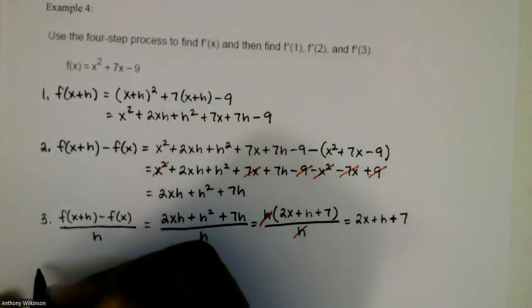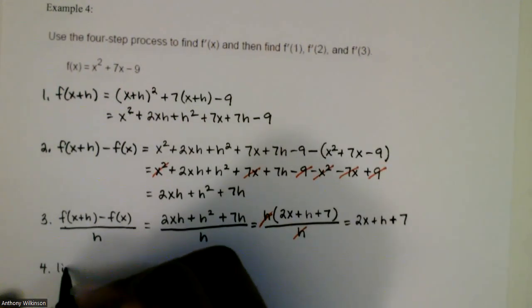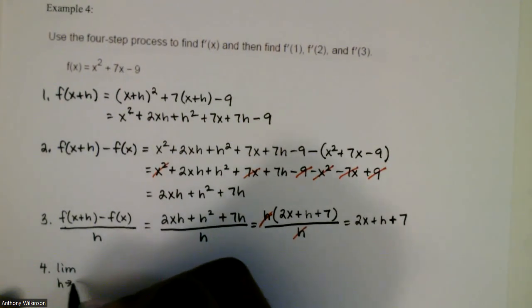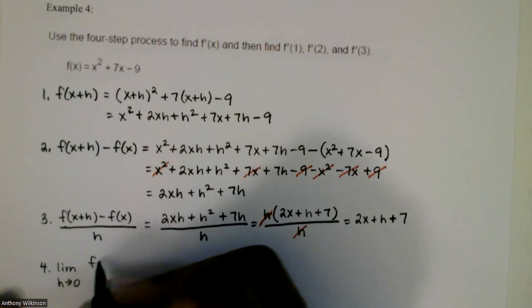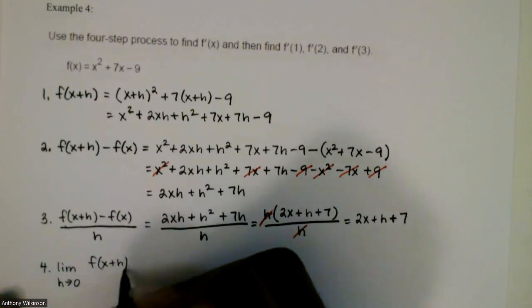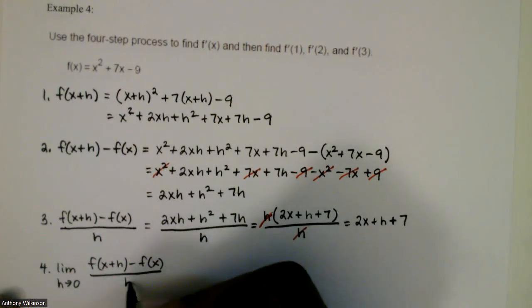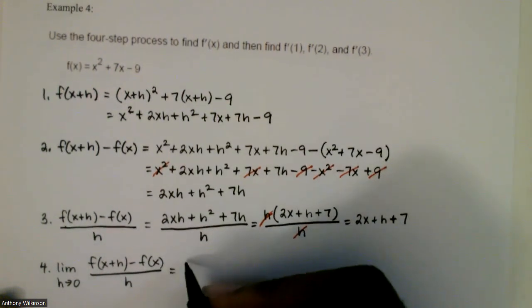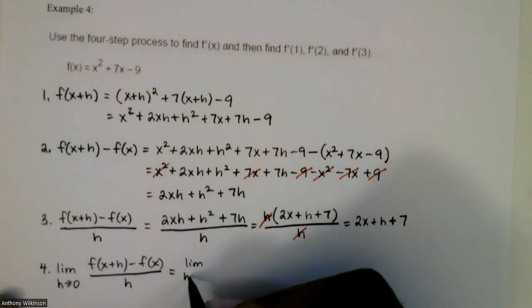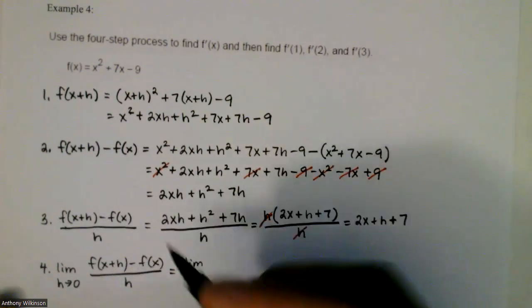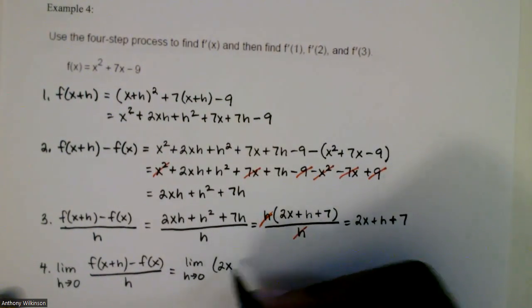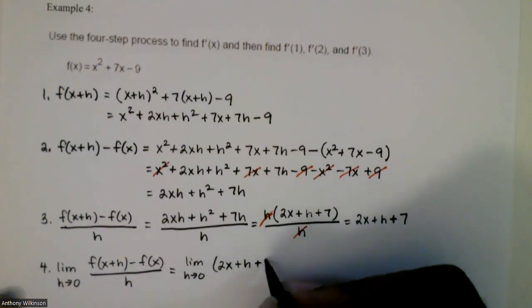And now finally, step number 4 is to take the limit as h approaches 0 of f of x plus h minus f of x divided by h. So now the limit as h approaches 0 of this expression, 2x plus h plus 7.